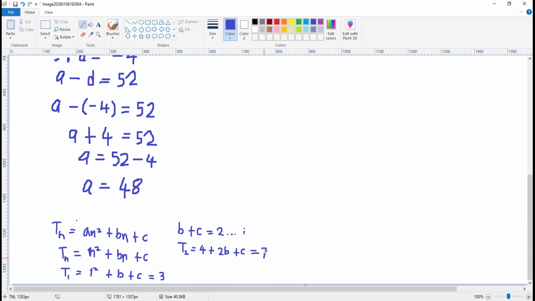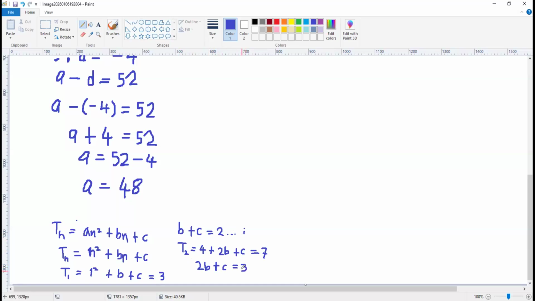So 4 will go to the other side, and you're left with 2B plus C. 2B plus C is equal to 7 minus 4. That's 3.